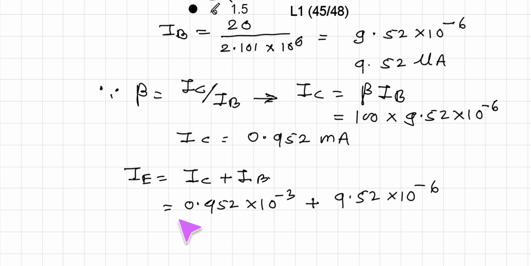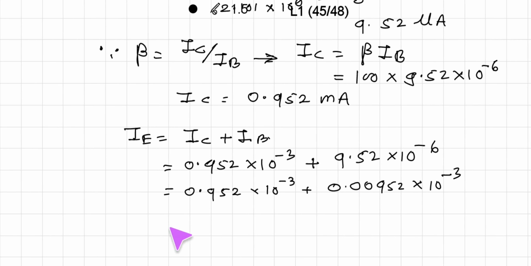Or we can even write it like this: 0.952 into 10 raised to minus 3 milliampere, plus, converting micro into milliampere, 0.00952 into 10 raised to minus 3.